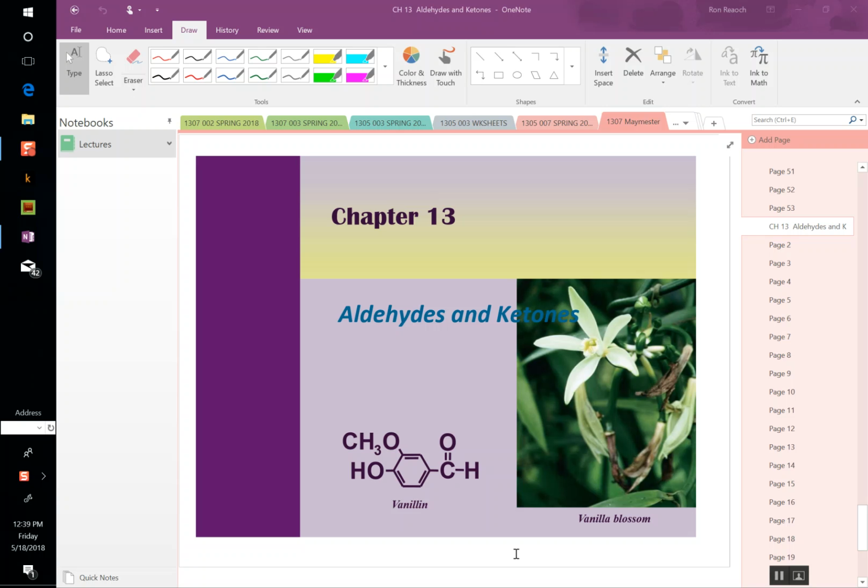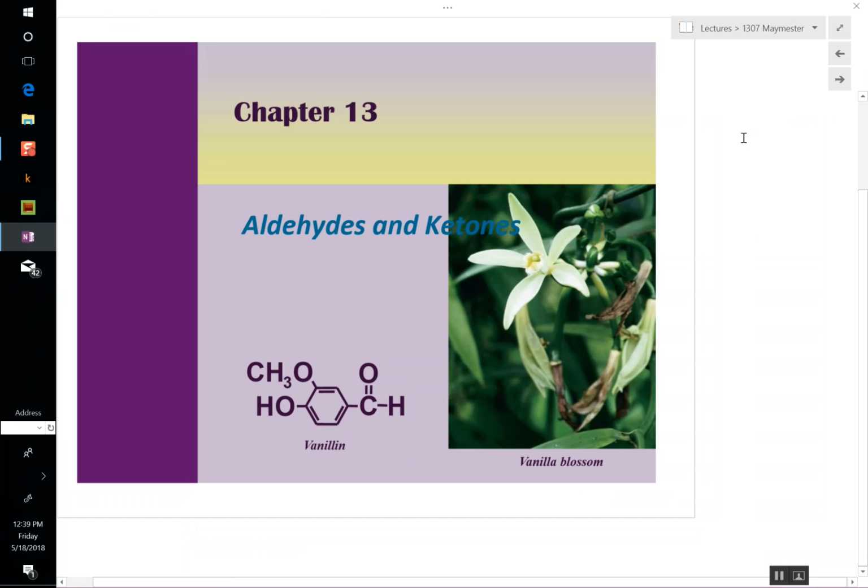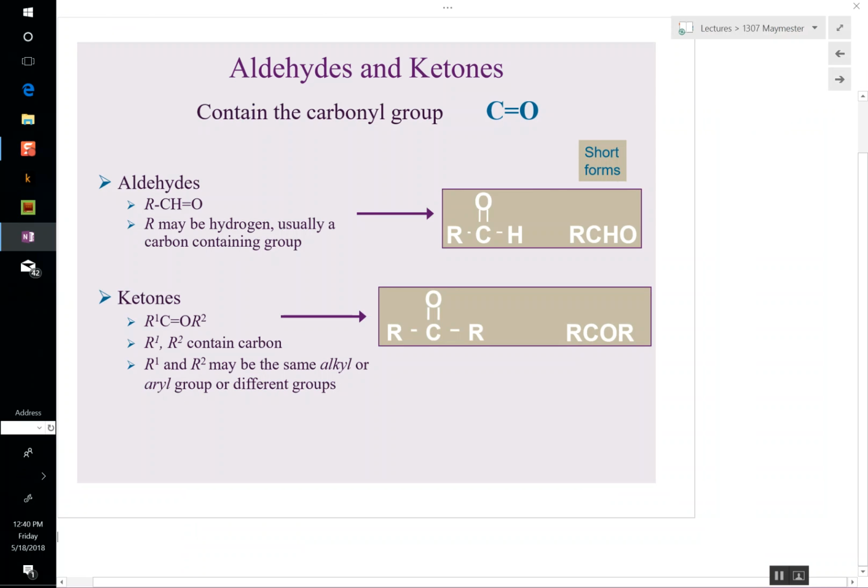It's got a benzene ring, a methoxy group, an OH, and a carbon-oxygen double bond over there. So nature tends to be pretty creative about chemistry and is very, very good with chemistry.